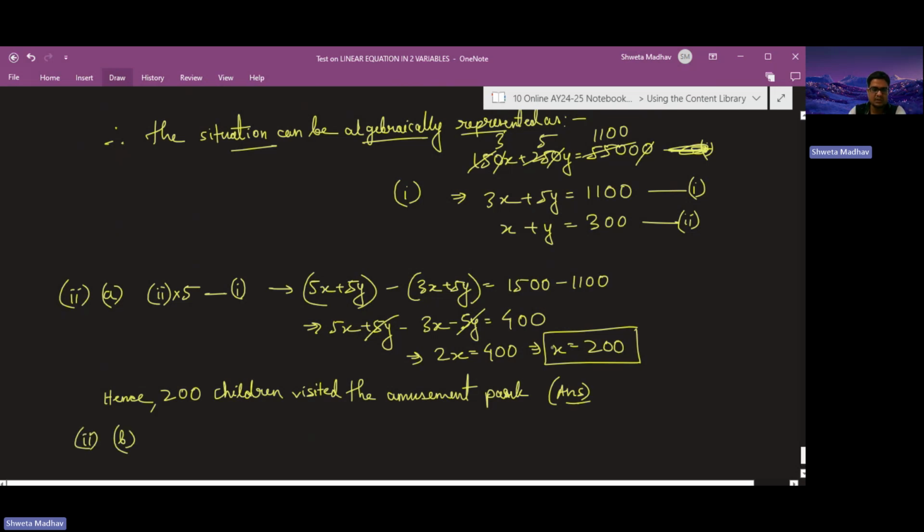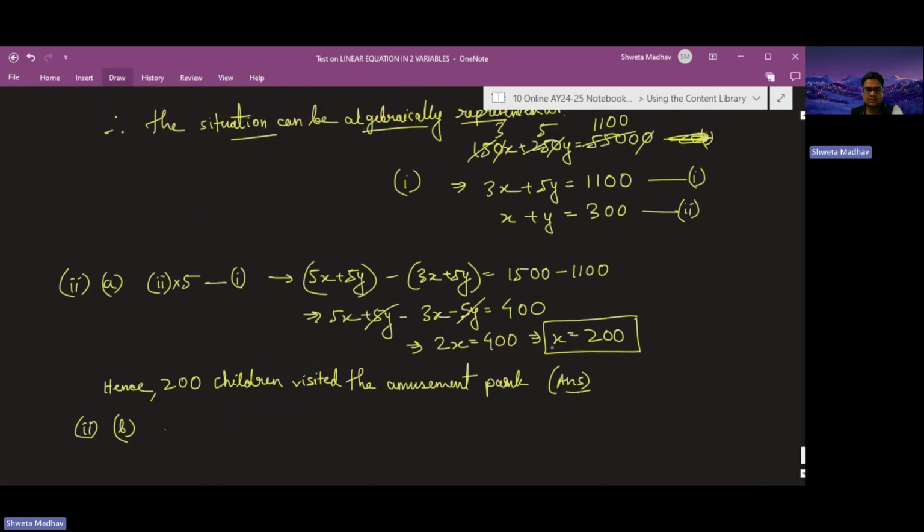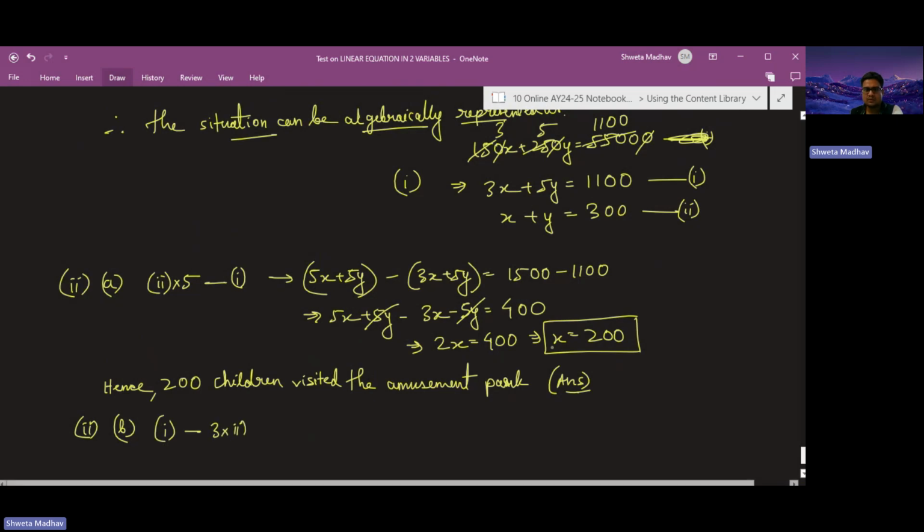In part 2B, it asks how many adults visited the amusement park on that day. We can do one thing: from equation 1, we subtract 3 times equation 2.